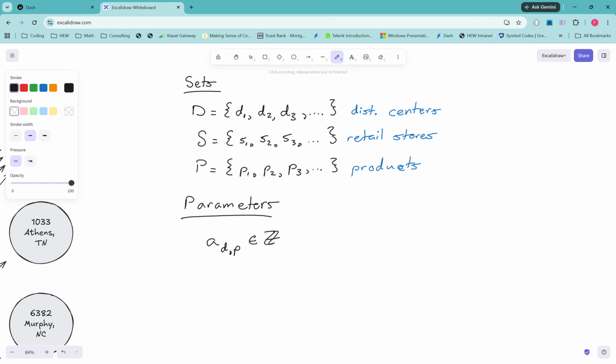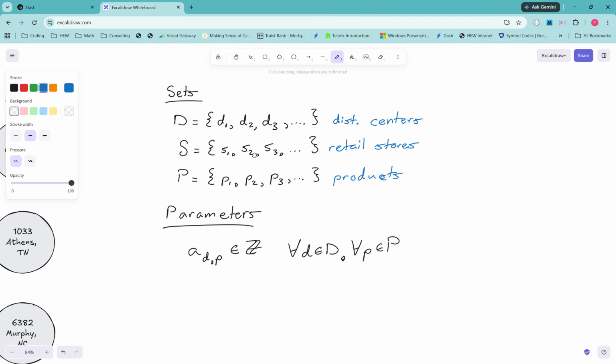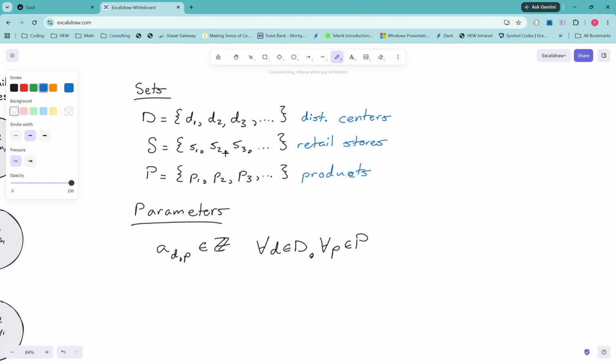And we'll need one of these values for every distribution center in the set of distribution centers, as well as for every product in the set of products. So again, just to talk through the mathematical notation, I've got some variable a, d, comma, p.